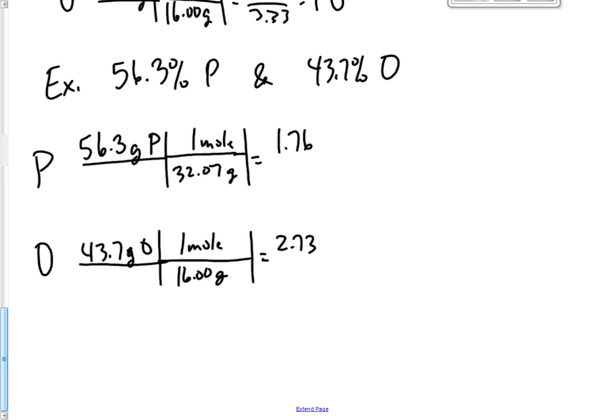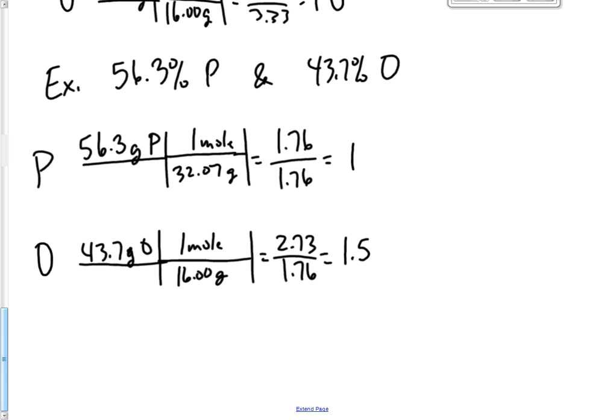Okay, now, same steps as before. You're going to divide by the smallest mole. So the smallest one is 1.76. You're going to divide them both by 1.76. Here's where the problem comes. Obviously that's 1, and then this is going to be 1.5.